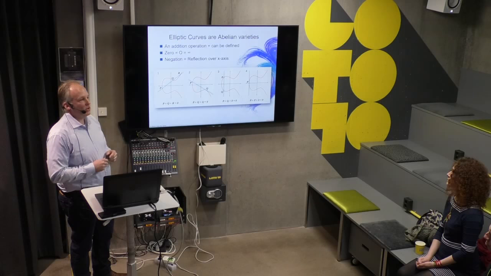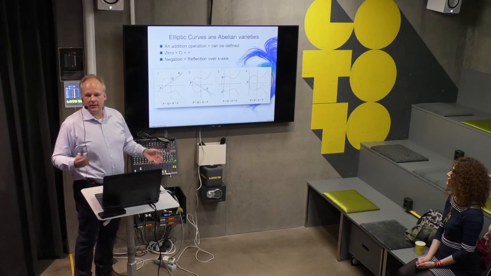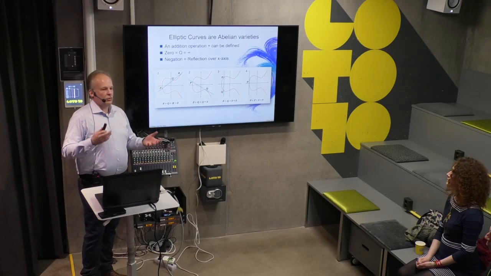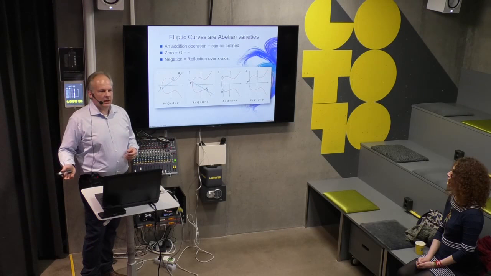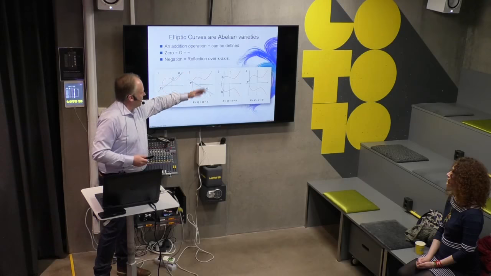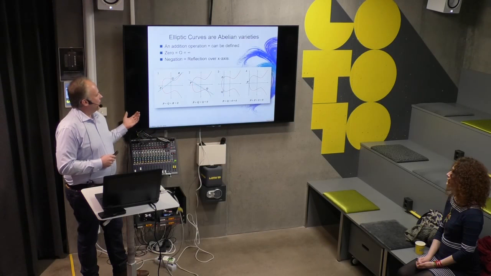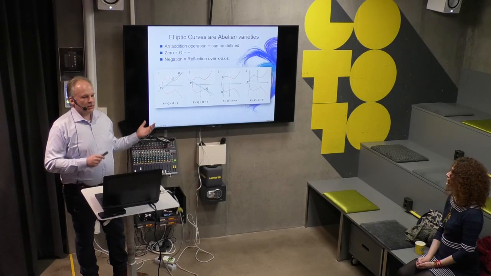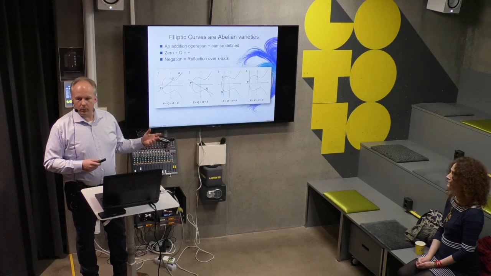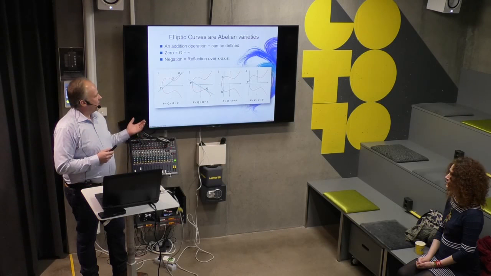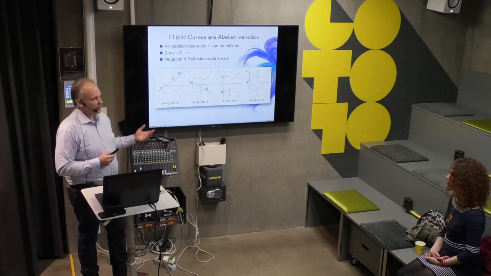That's just the definition. The mathematicians play with this, and they find that this addition works as a normal addition. We have a negative, which is a value flipped along the x-axis. You have a 0. When you add a point with its negative, you get 0. And this is in mathematics called an abelian variety.